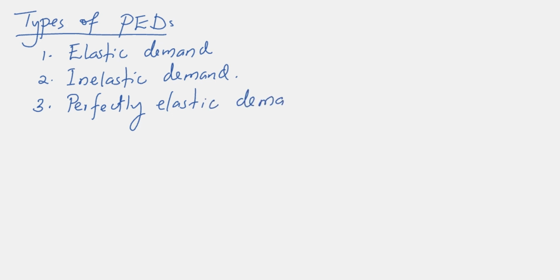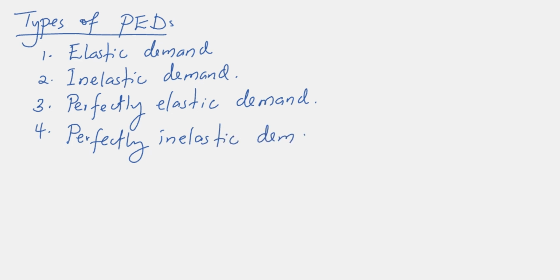Then number 3, we have perfectly elastic demand with infinite PED. Then we have perfectly inelastic demand with a PED of 0. Then the unitary elastic demand with a PED value of 1. And here we are talking about the absolute value.